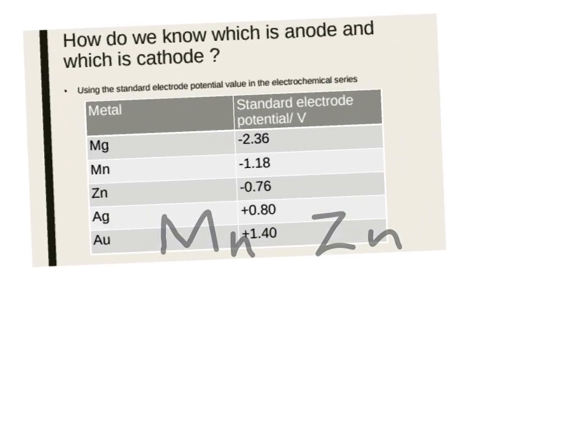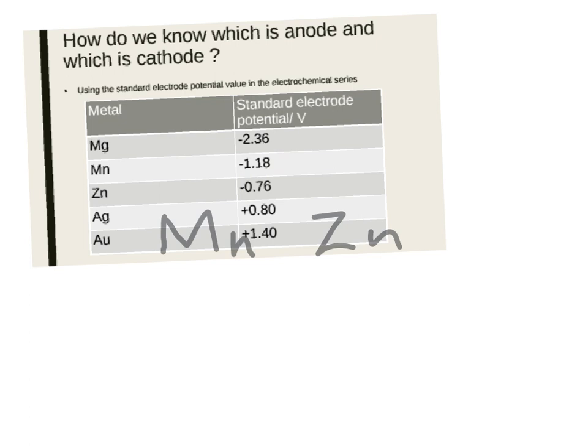Okay, if we talk about manganese and zinc, if we compare these two, manganese has a standard electrode potential value of minus 1.18 and zinc is minus 0.76. So manganese is more negative, zinc is less negative.